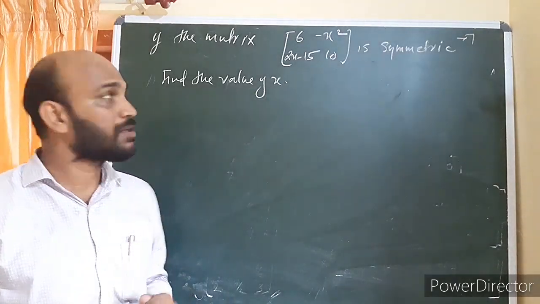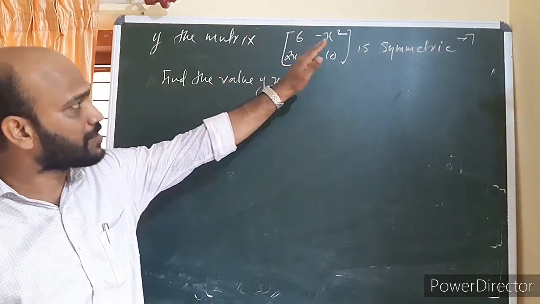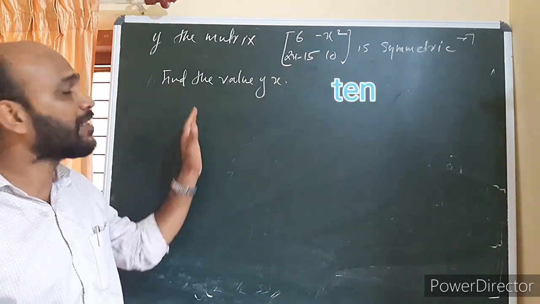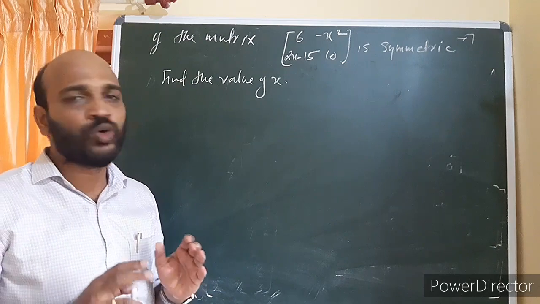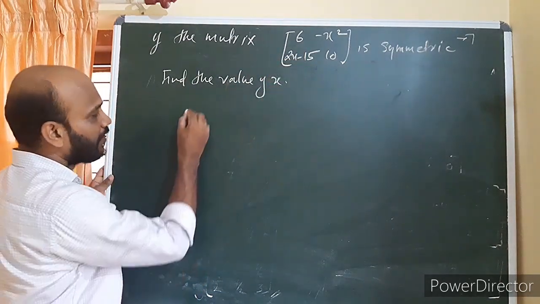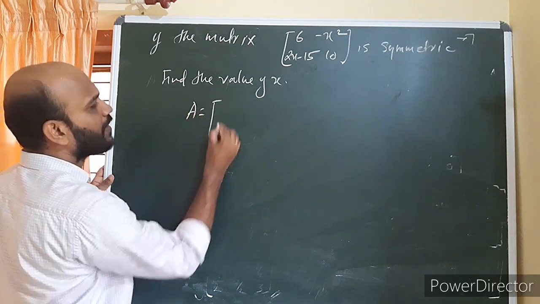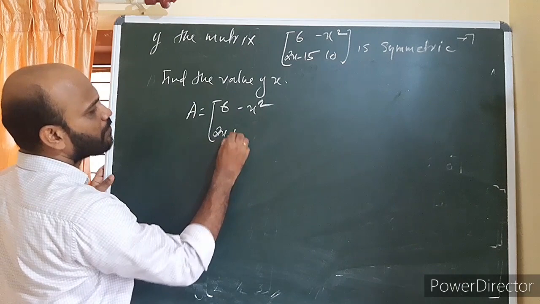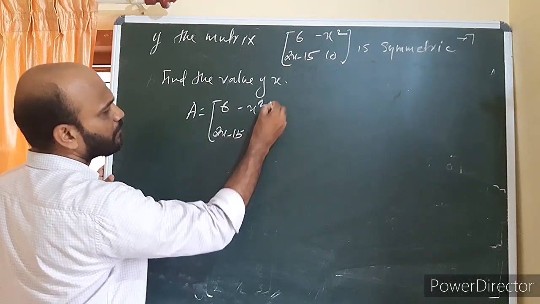Now consider second question. If the matrix 6, minus x square, 2x minus 15, 10 is symmetric, find the value of x. It's a 2 mark question. So you can take this matrix as A. Let A equal to matrix 6, minus x square, 2x minus 15, 10.